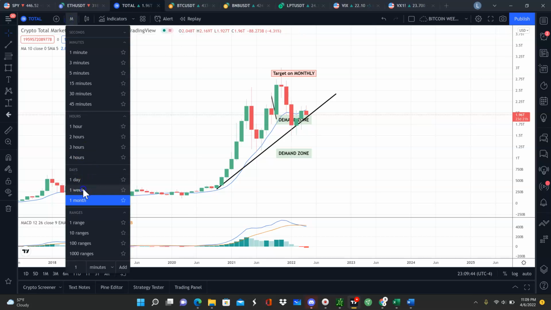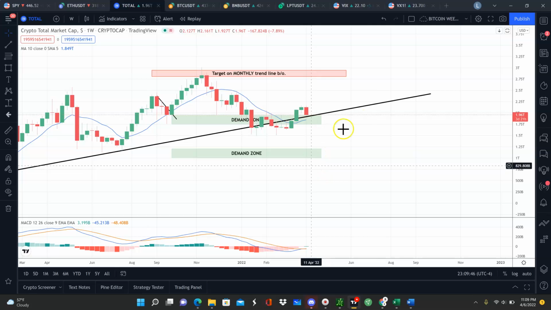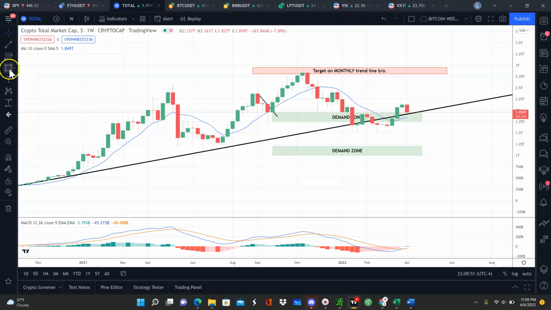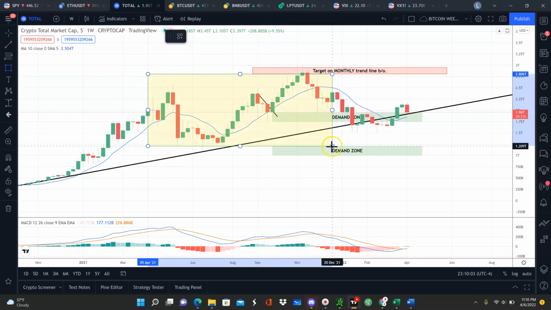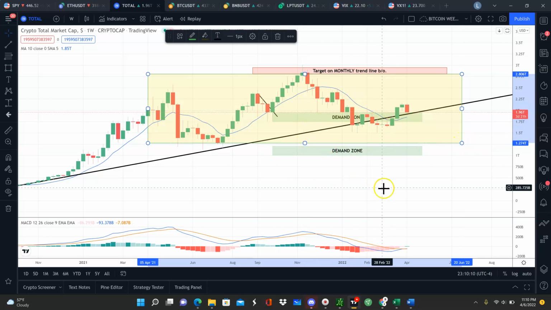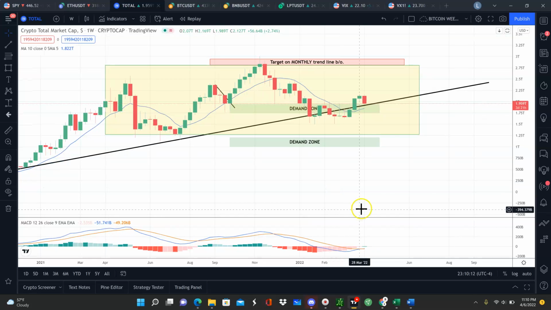All right, so the weekly chart, you can see that it's trading in a range here. I'm just going to draw a rectangle to better identify that range. Roughly between this area overall is where crypto total market cap is, and like I said, that monthly level represented by the black trend line.